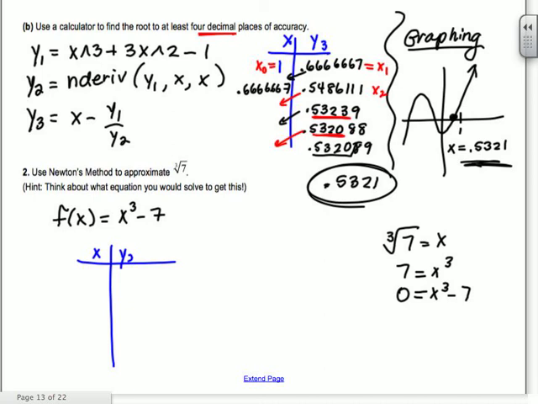What would be a good initial guess for this one? 5. So 5 cubed minus 7 is close to 0? No. 3. 3 cubed minus 7 is 20. What about 2? 2 is closer, right? 2 cubed is 8.